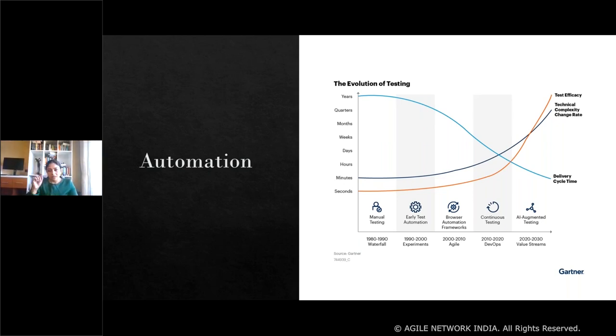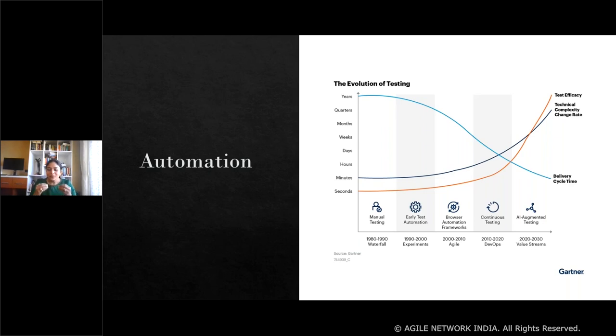All right, and now it's very interesting. We talk about BDD all the time, and we know how to write Given, When, Then style and Gherkin scripts. What I've seen is a classic example where in an agile team, the business analysts don't write the user stories in BDD. Neither do the developers use BDD, but the test automation engineers have developed their automation framework in BDD style.